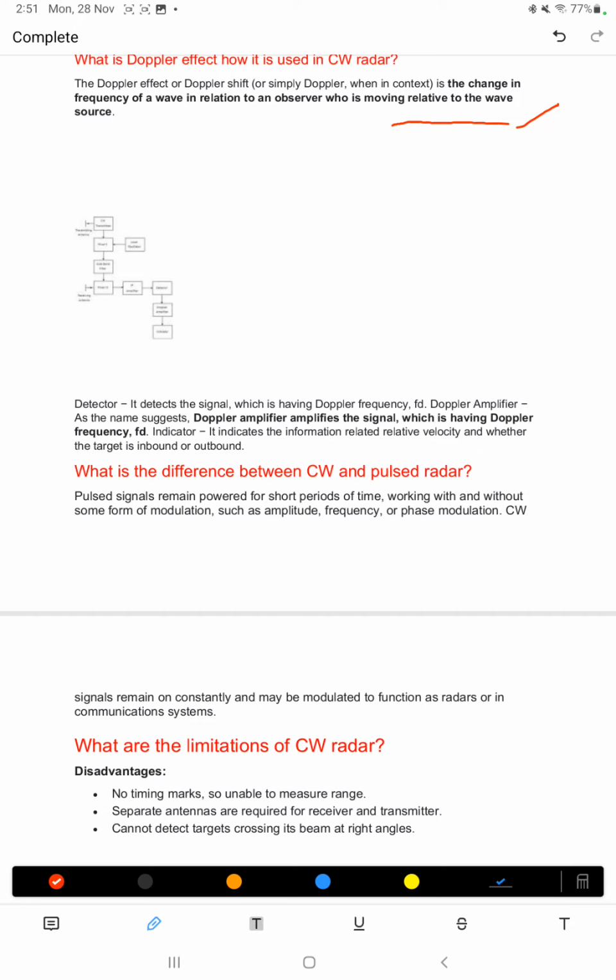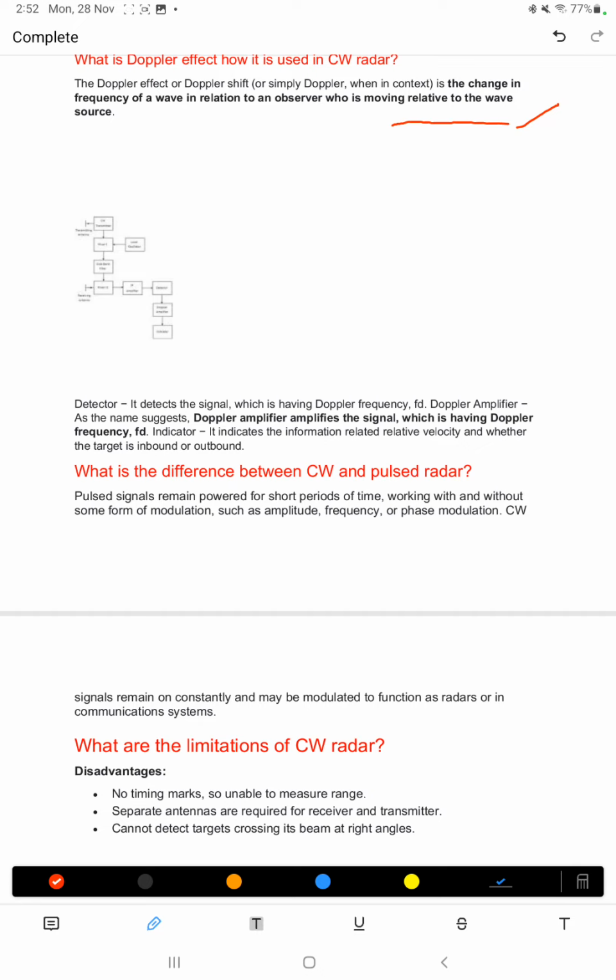The change in frequency of a wave, that is called a Doppler effect.